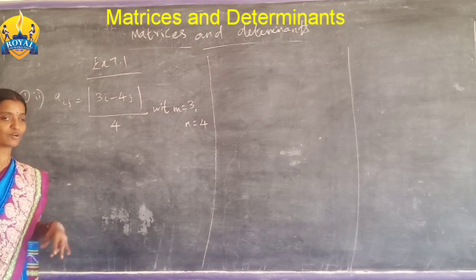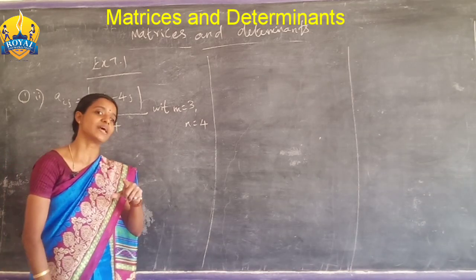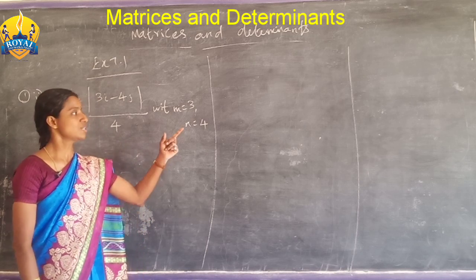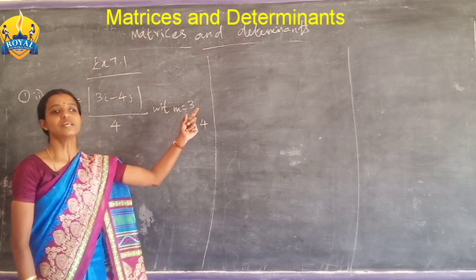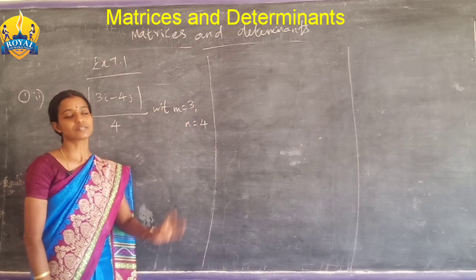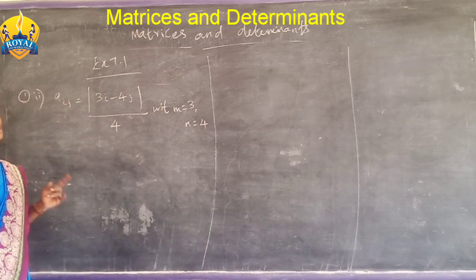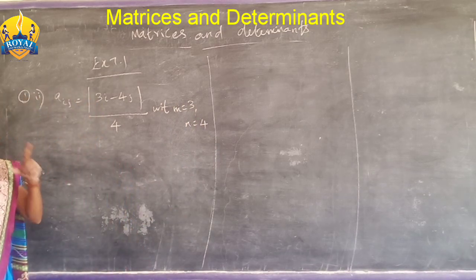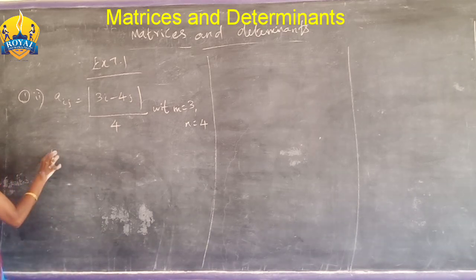So I have a matrix of order m cross n. Here I am going to have an order 3 cross 4, which means I should have 3 rows and 4 columns. So what is my Aij?